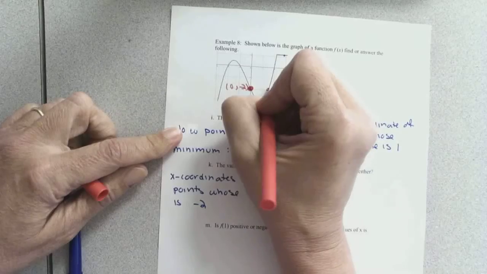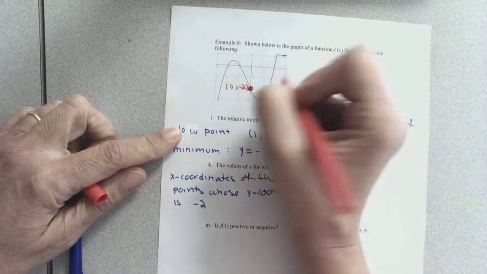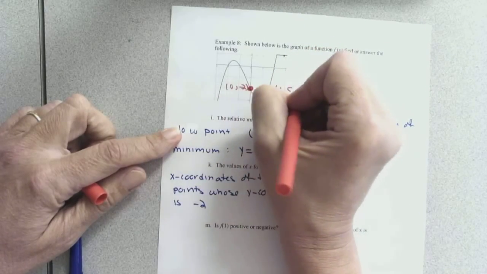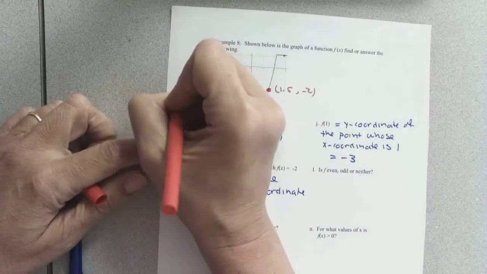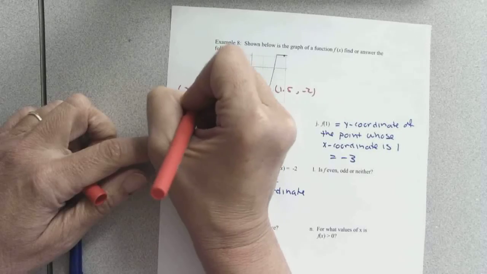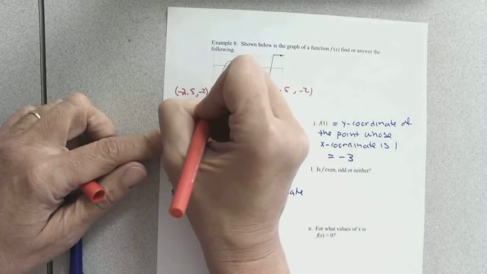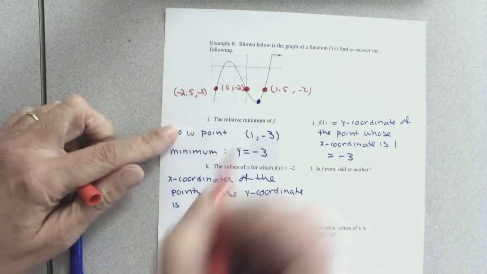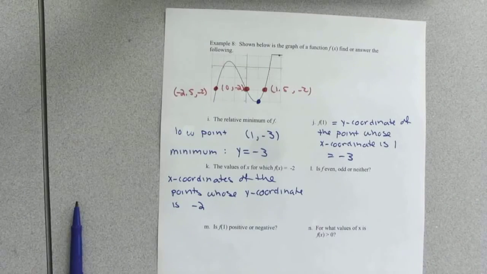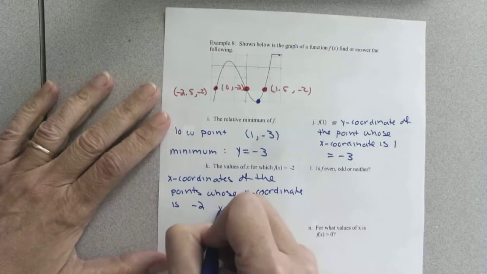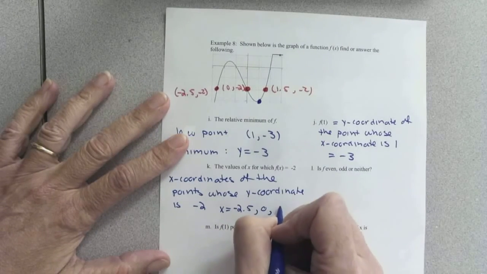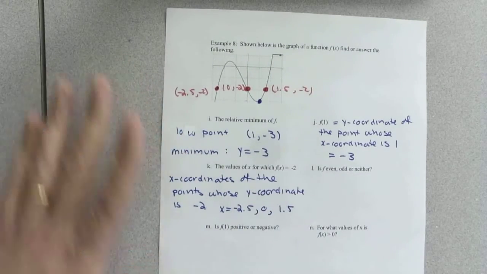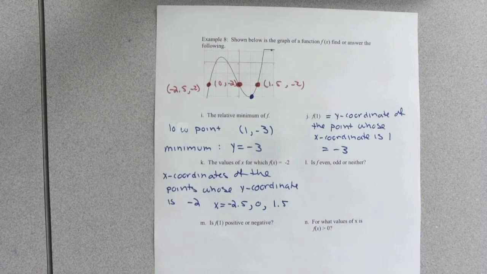Oh no, and then right here, which looks like maybe 1.5, -2. And maybe right there, which maybe that's -2.5, -2. But I've got 3 of them. And again, estimates. And so it would be x equal -2.5, 0, and 1.5. And again, anything that would come close to those numbers would be good.